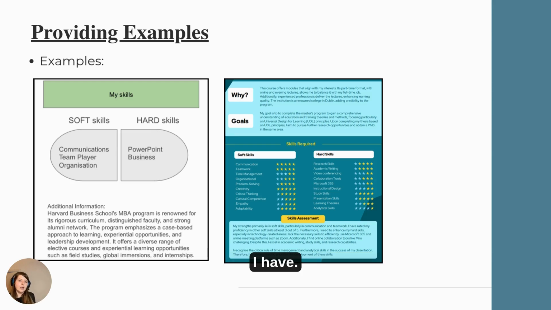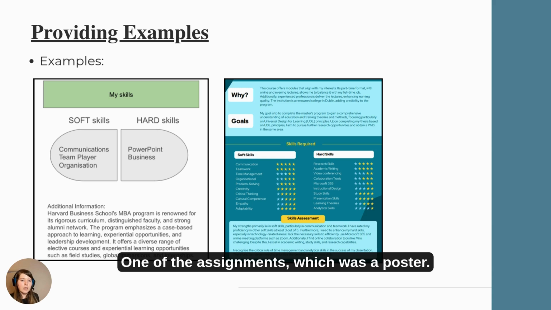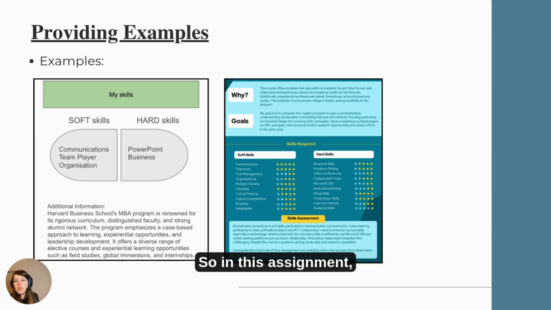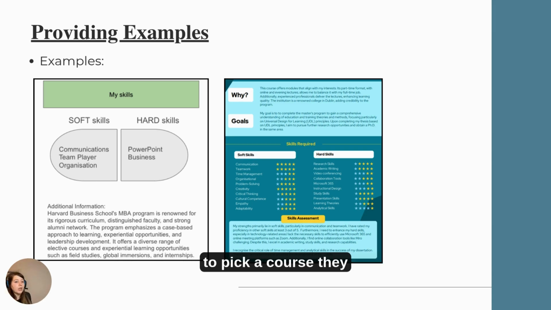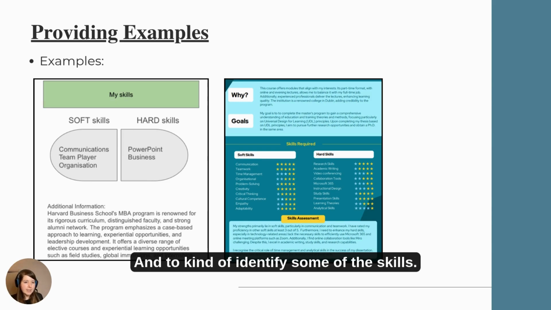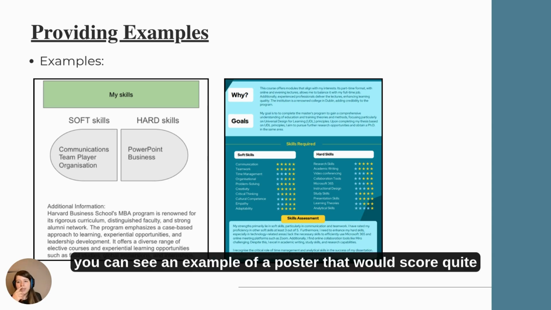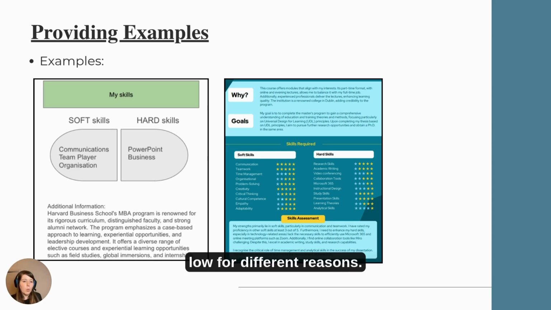Here I have one of the assignments, which was a poster. In this assignment, students had to create a poster, pick a course they wanted to study, and say what their goals are, why, and identify some of the skills. On the left, you can see an example of a poster that would score quite low for different reasons.